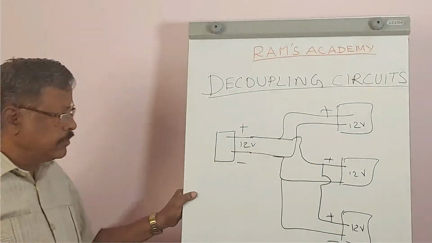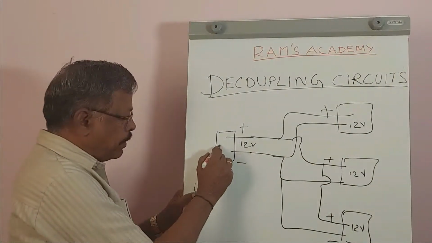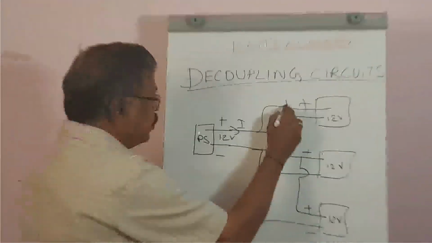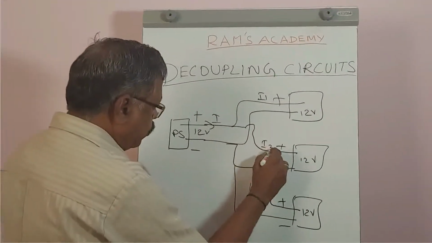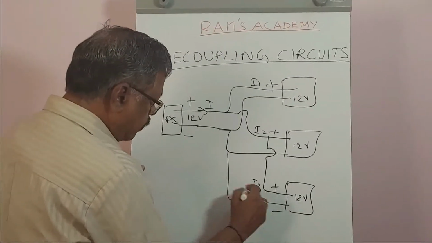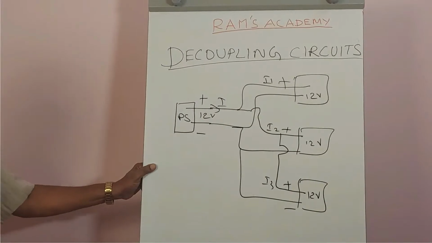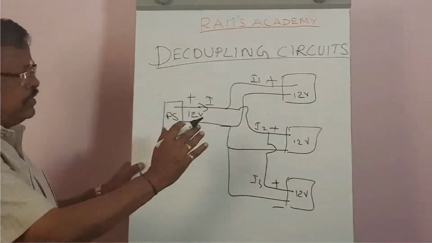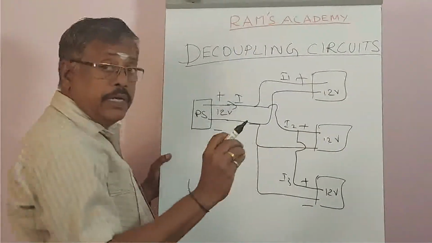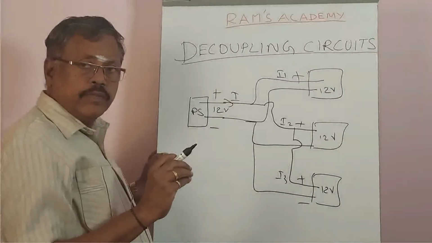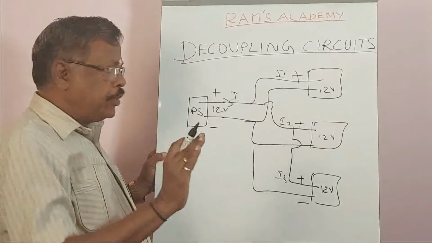When this is the case, this power supply is going to drive a current I. This is going to draw currents I1, I2, I3. Every stage performs a certain function in the overall equipment.